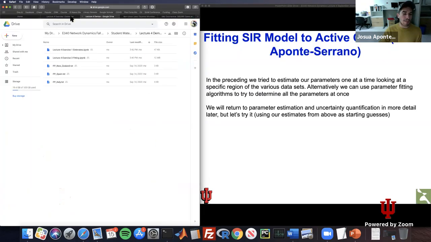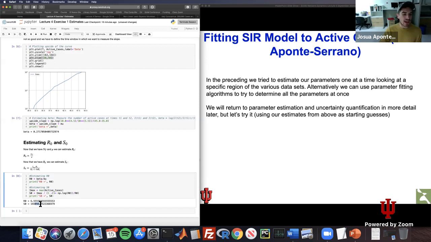So we get, yeah, we're off by 100,000, but it doesn't necessarily have to be the size of the epidemic, but the fact that it's close is a good indicator that our approximations are reasonable. Is there any questions about that?